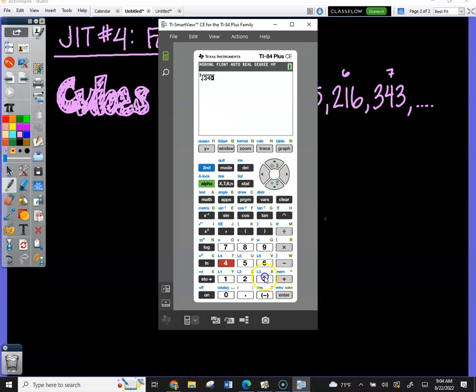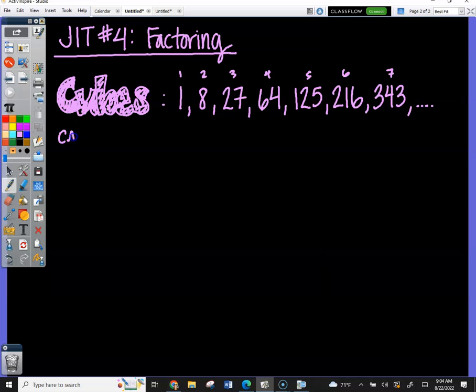Let's say 343. And you'll see that it will evaluate it for you. Okay? So make note that in the calculator, you're going to hit math, and then it's number 4, it says cube root. Then hit enter. And then of course you type whatever you're checking to see if it's a cube.